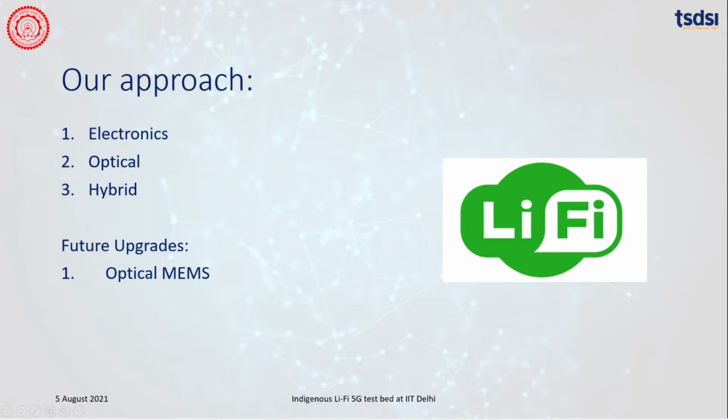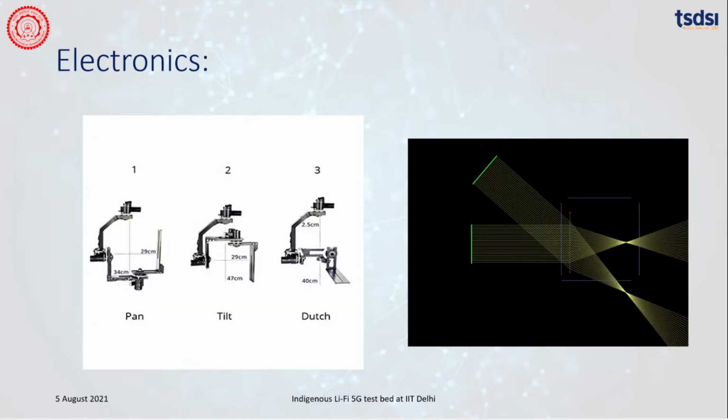First, electronic system design. Second, optical system design. And third, the hybrid of both, containing the electronics part and optical part. In future upgrades, we could shrink the size of our whole system and make an optical micro electrical mechanical system.